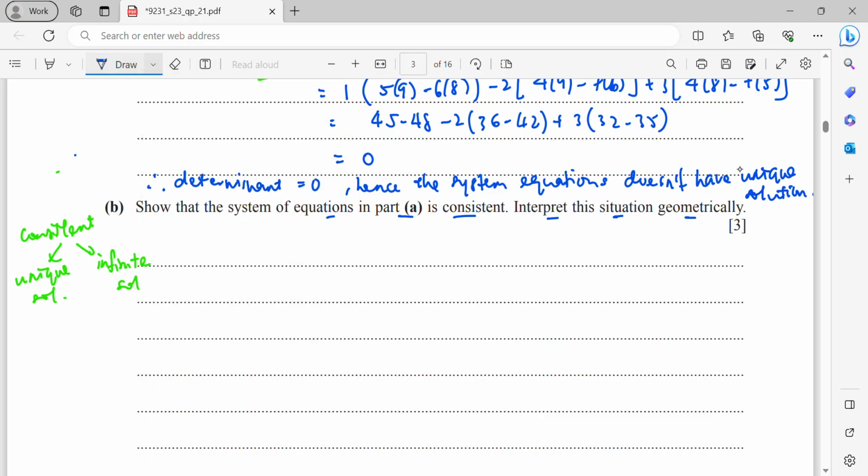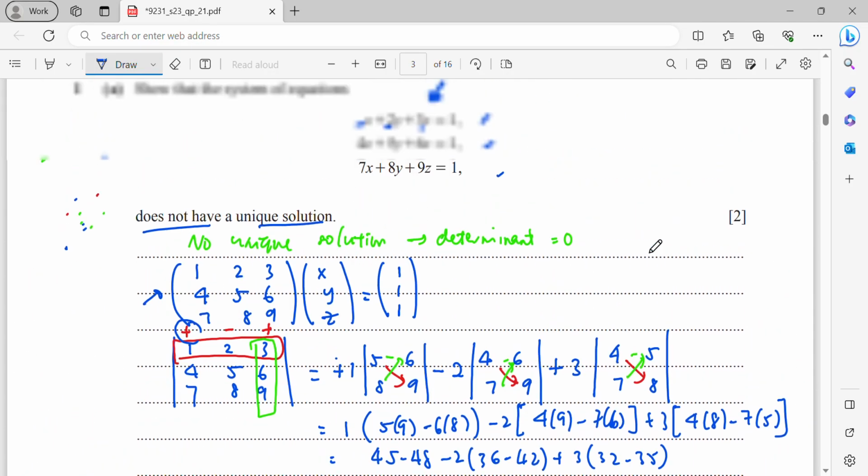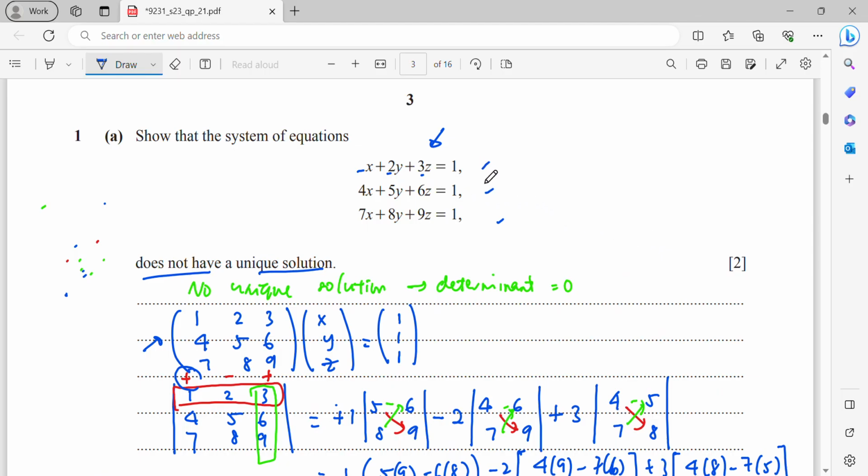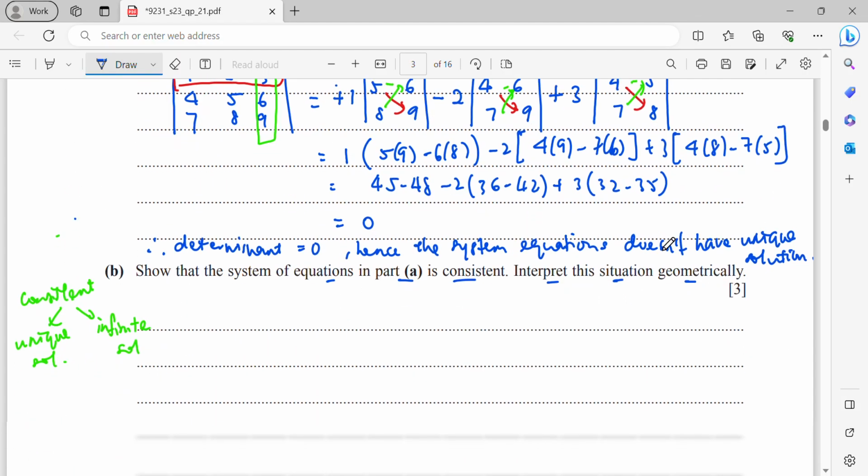To show this, we need to use the row operation method. I will change this multiplication of the equations into the augmented matrix so that I can carry out the row operation.